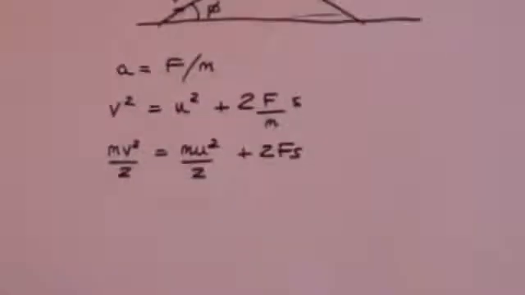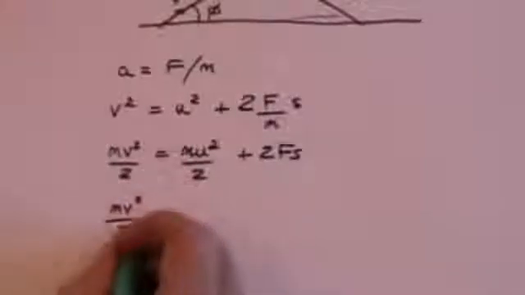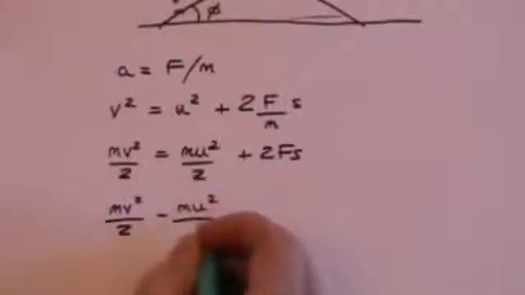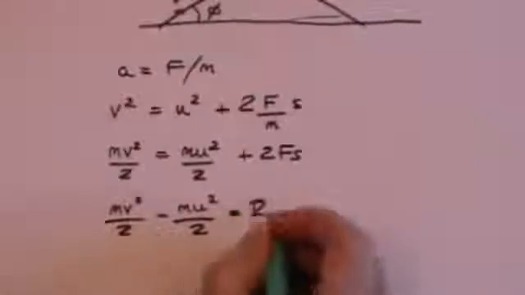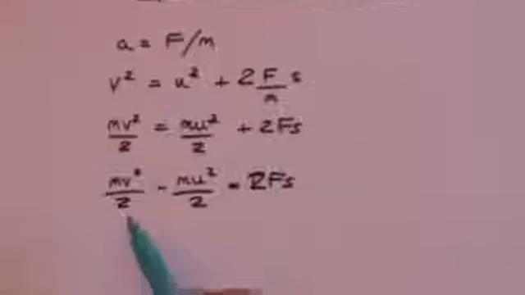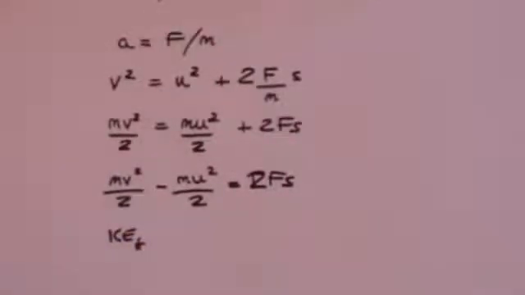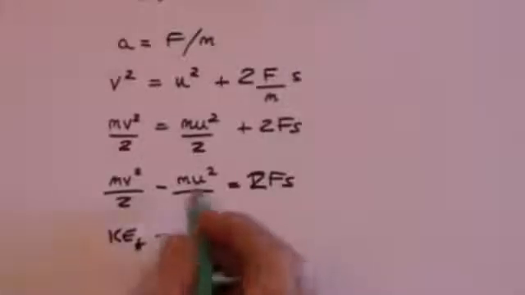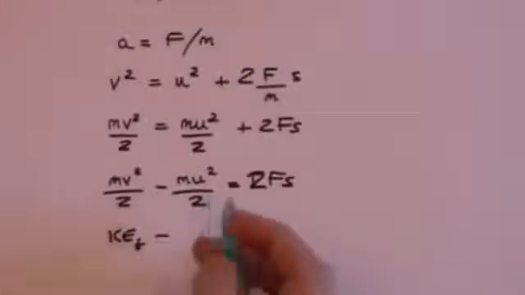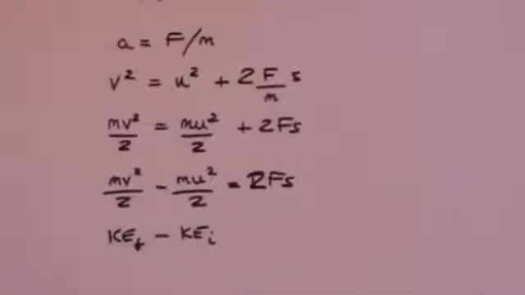Now by taking the mu²/2 onto the other side, we get mv²/2 minus mu²/2 equals 2Fs. But mv²/2, or half mv², is of course the kinetic energy associated with the final end point, minus half mu², the kinetic energy at the outset, what one might call the initial kinetic energy.